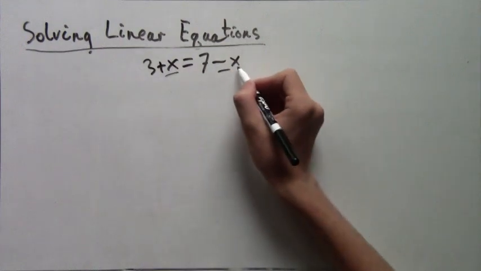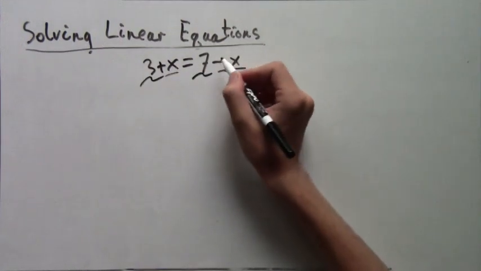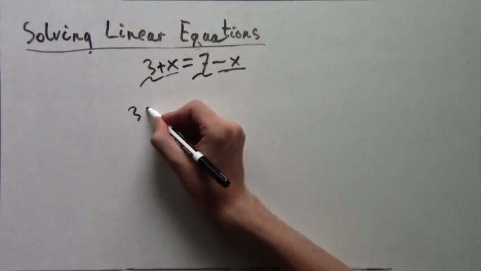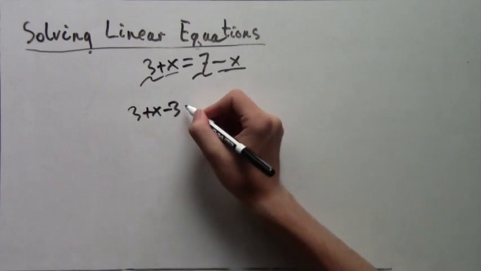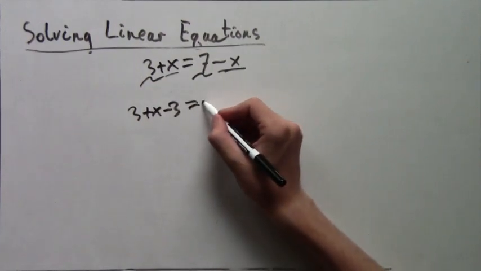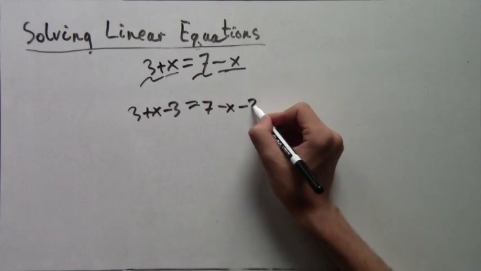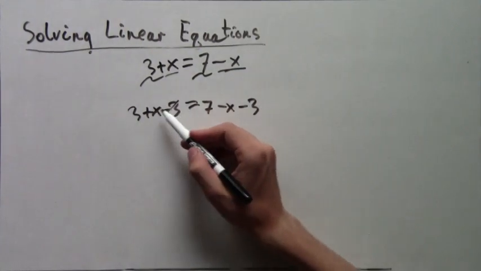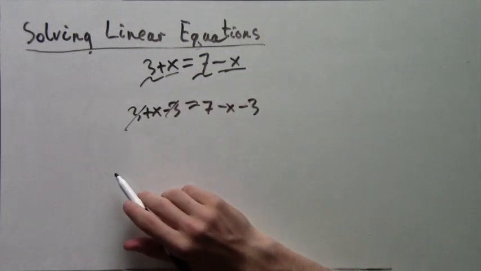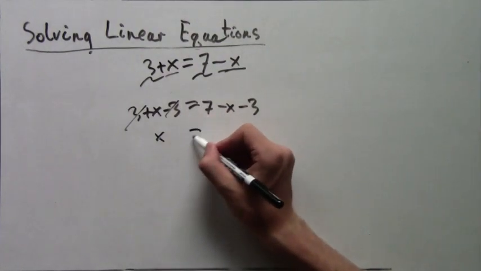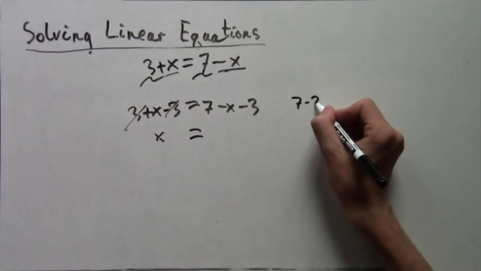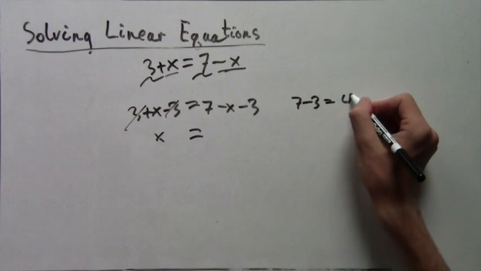So I've underlined them with their different underlines. And first, we're going to get rid of the 3 on the left-hand side by subtracting 3 on both sides. So the plus and the minus 3 cancel out, and on the other side, we're going to have 7 minus 3 is equal to 4.